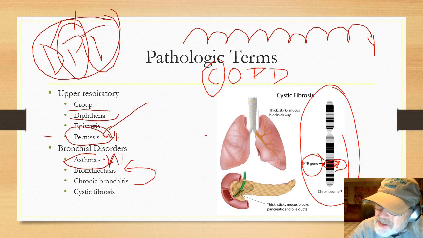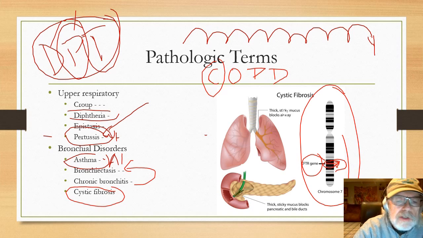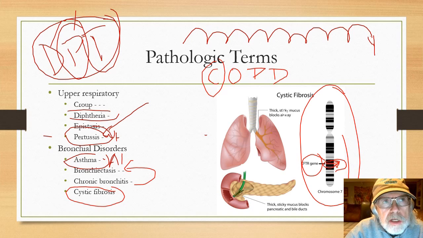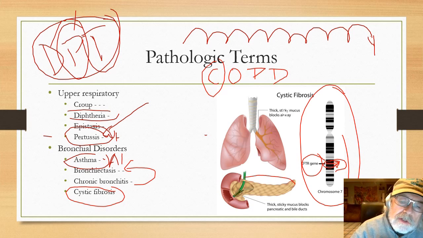Say salt? Yeah. What occurs with cystic fibrosis is that normally we have secretions that keep things moist, a normal amount that lubricates. People with cystic fibrosis, because of the problem with salt, have a lot of thick, molasses-type secretions that develop in the lungs as well as in the gastrointestinal tract.